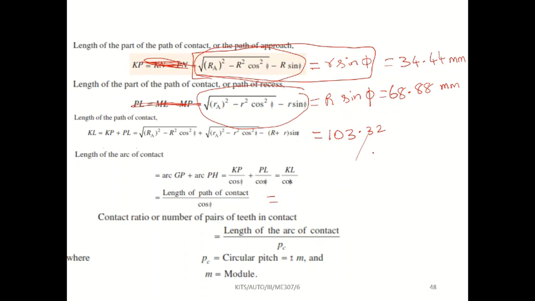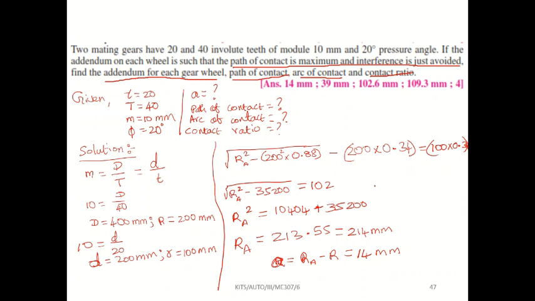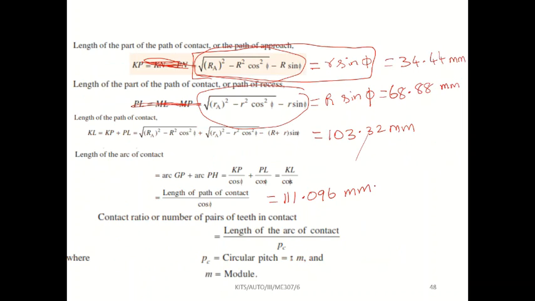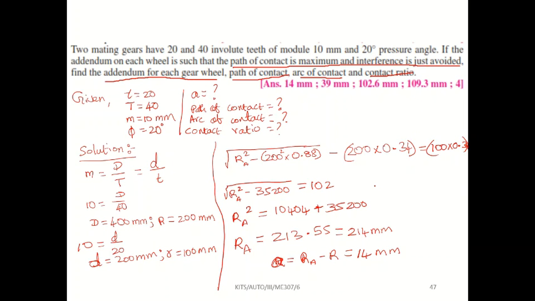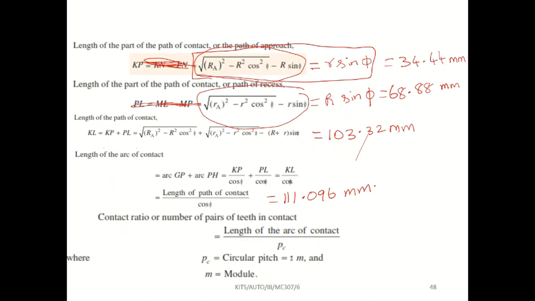So 103.32 divided by 0.93. Actually, the book answer is 102.6, but I got 103. So here also a small variation. This is not a big problem. So nearly we got the book answer.